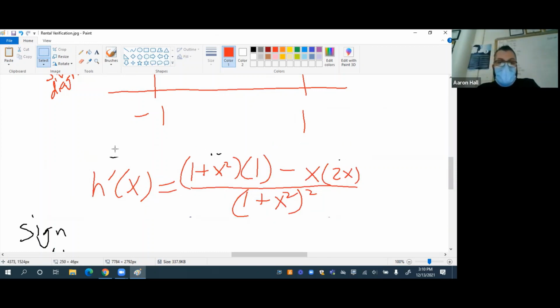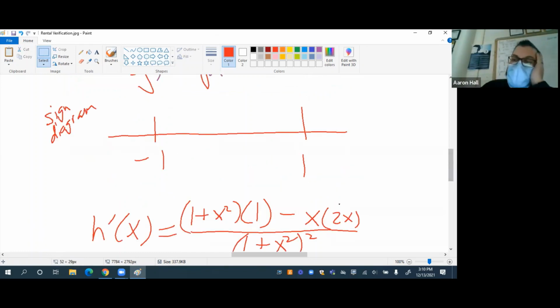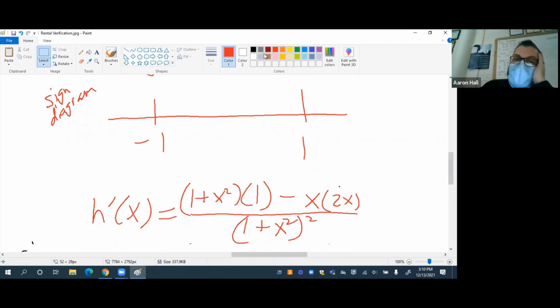Okay, how do I find what my sign is to the left of negative 1? What is a value less than negative 1? Okay, so try x equals negative 2. If I plug in anything in the denominator, isn't that always going to be positive?